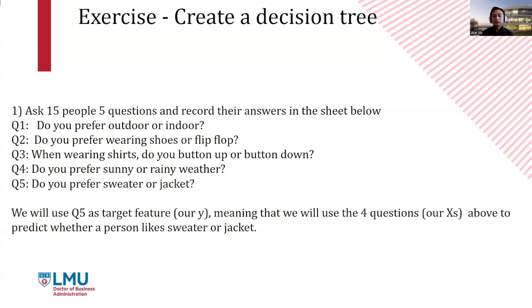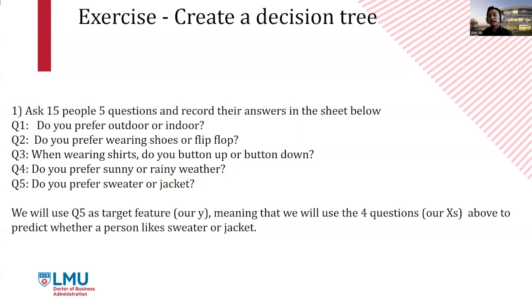Question number 1: you ask 15 people, do you prefer outdoor or indoor? Question number 2, do you prefer wearing shoes or flip-flops? Question number 3, are you wearing shirts buttoned up or buttoned down? Number 4, do you prefer sunny or rainy weather? And the final question, number 5, do you prefer a sweater or a jacket?